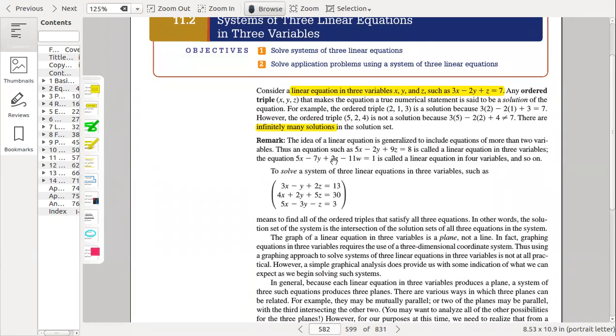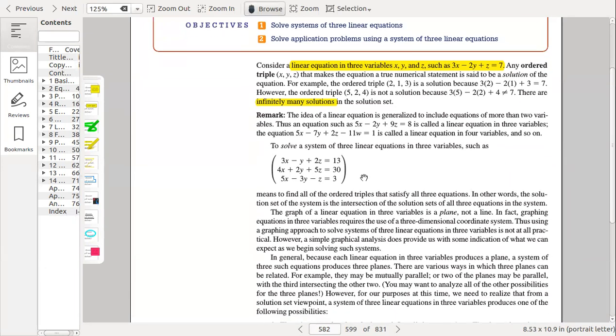Thus, an equation such as 5x minus 2y plus 9z is equal to 8 is called a linear equation in three variables. The equation 5x minus 7y plus 2z minus 11w is equal to 1 is called a linear equation in four variables, and so on.